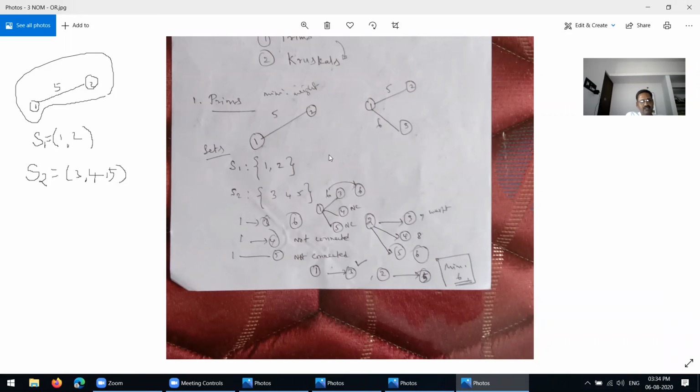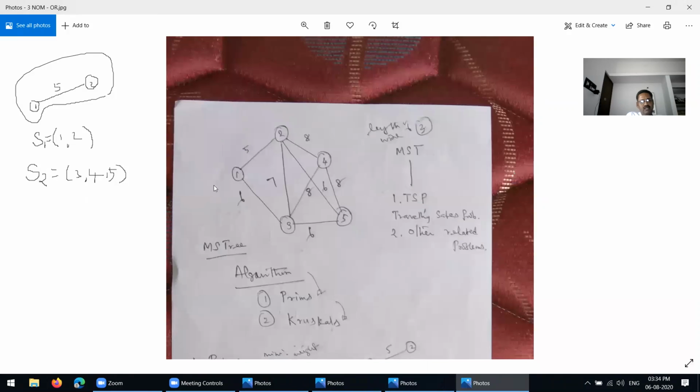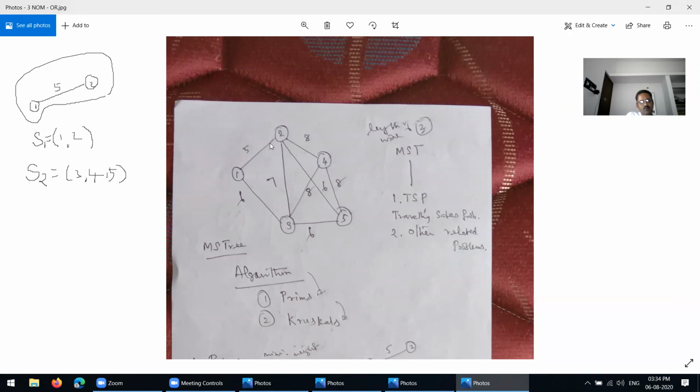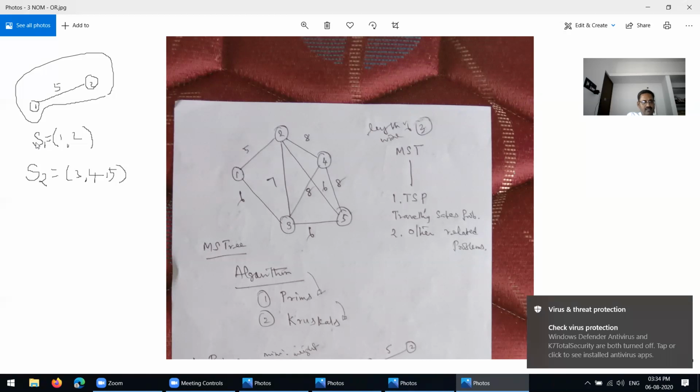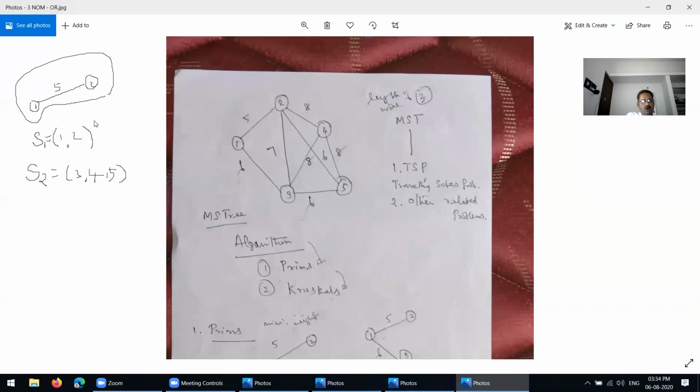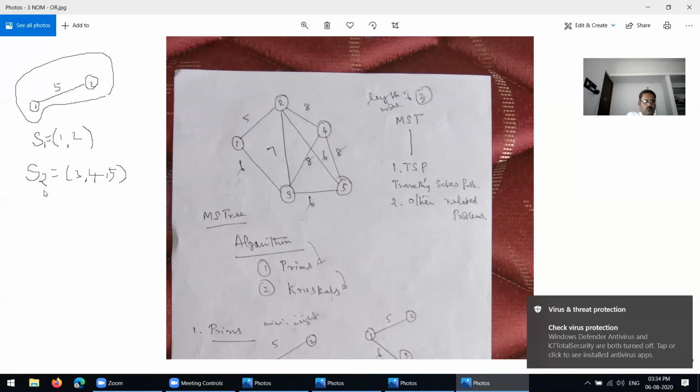From this network you find the path containing the minimum weight. 1 to 2 has the minimum weight, 5, so take it as set 1. S1 is 1, 2. And all the other nodes out of this tree are set 2. Set 2 equals 3, 4, 5.